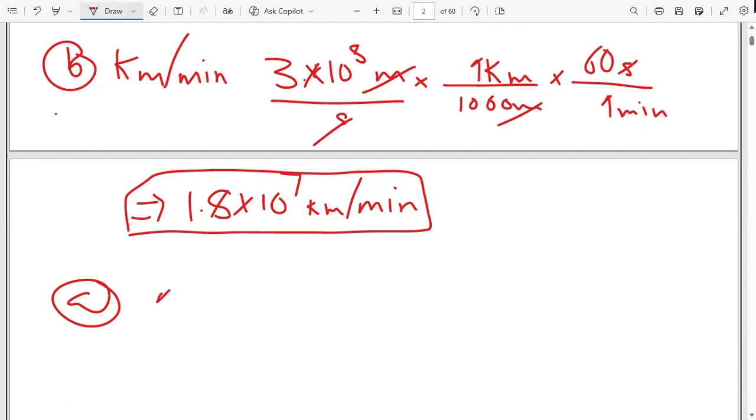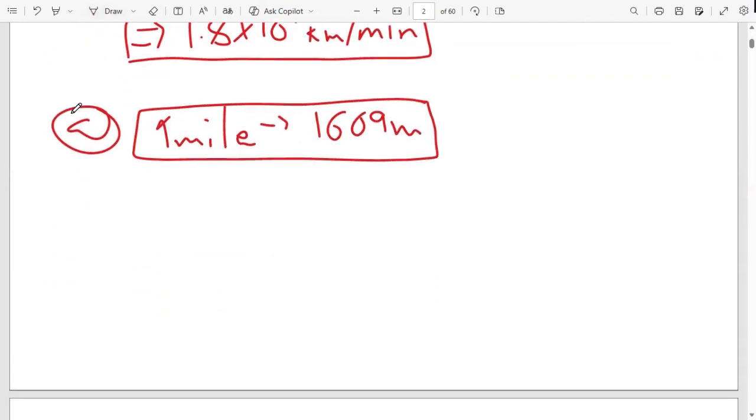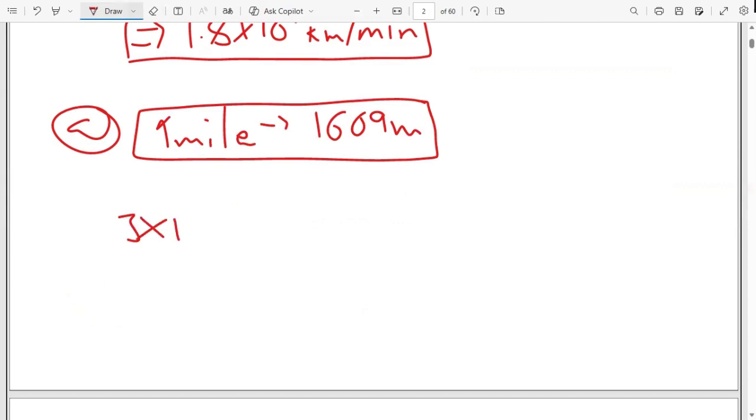So 1 mile is equal to 1609 meters. If you've ever taken time to check most of the books that you used at secondary school, there was always this conversion factor, though you never really paid attention to it because it never mattered.